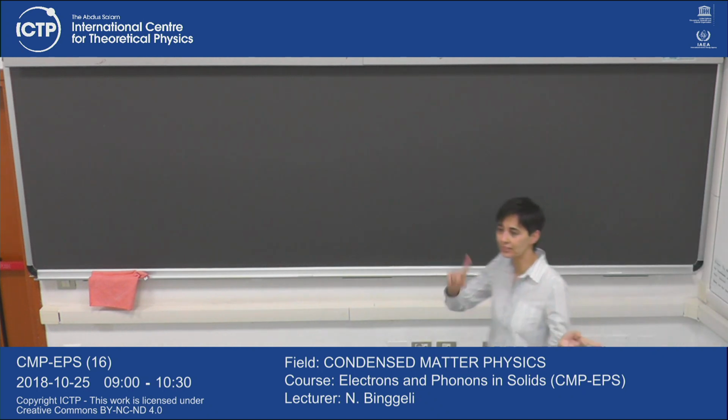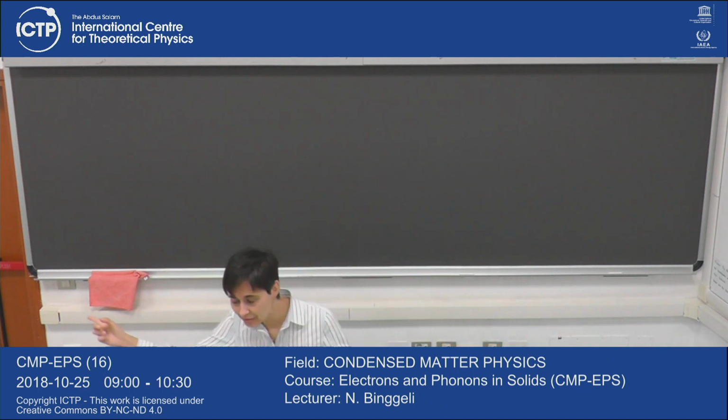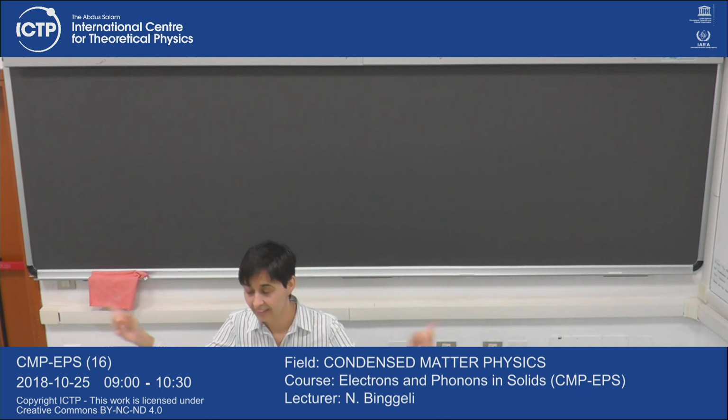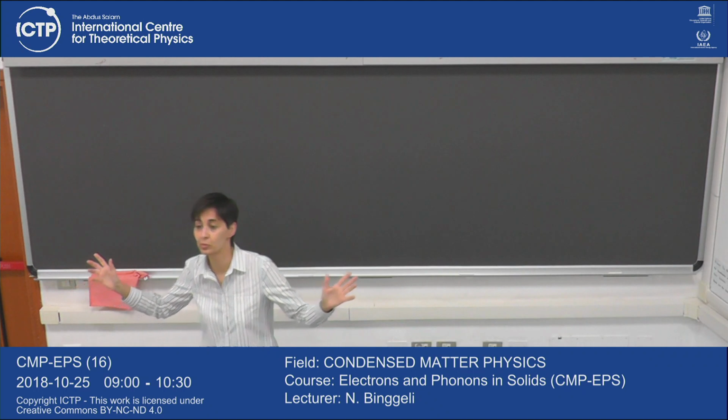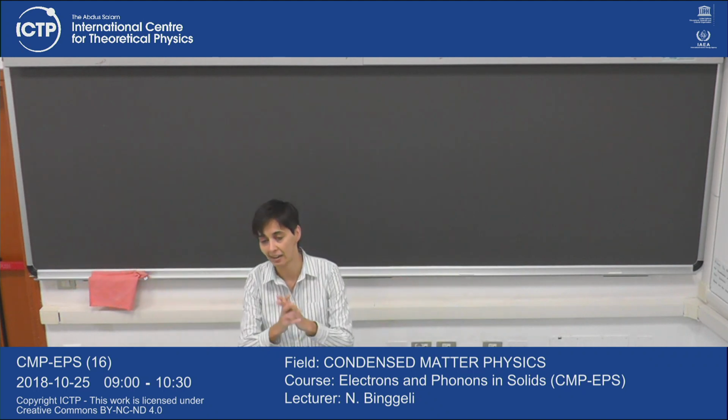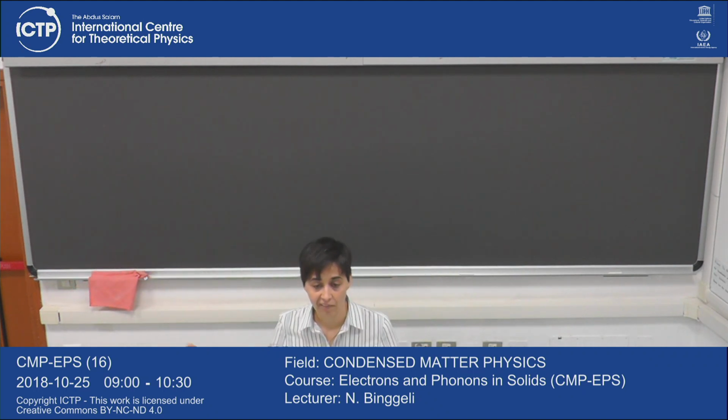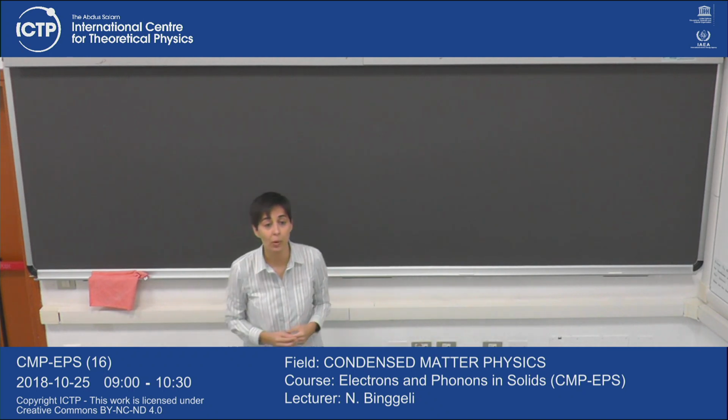So you had two different methods so far: the free electron and the tight binding. They're the limiting cases. Almost everything you will ever have in your scientific life will be in between. But there are some very comforting points.